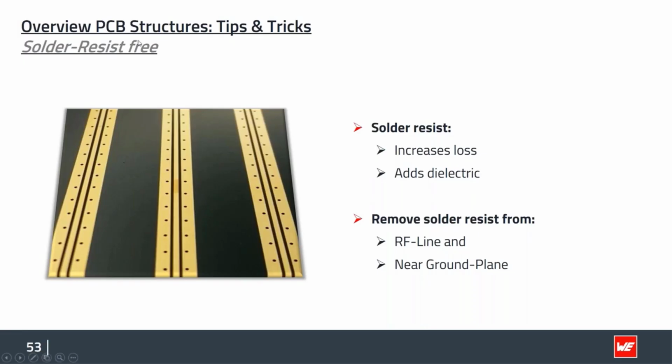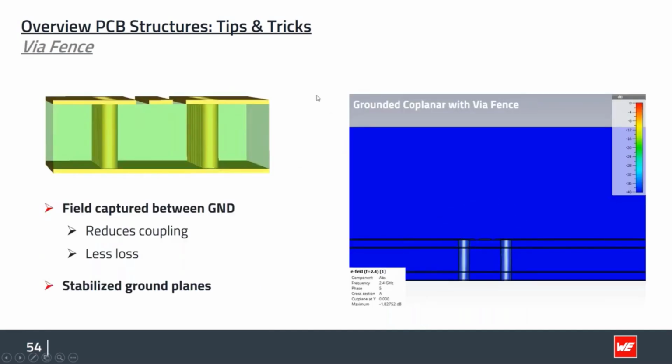The other thing is you can use a via fence if you're in a coplanar waveguide. What does it do? If you look, we have our coplanar waveguide with the RF transmission line, the ground planes left and right and below, which was already pretty good before.